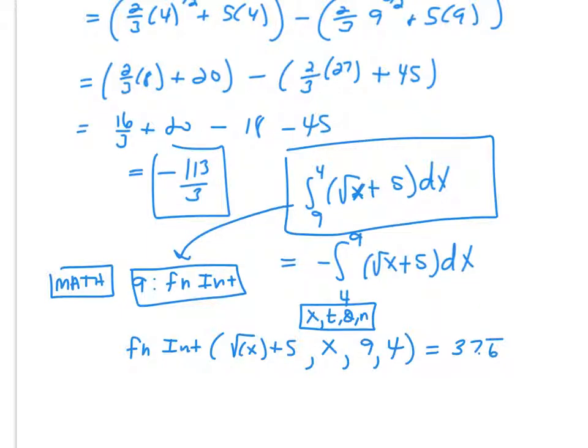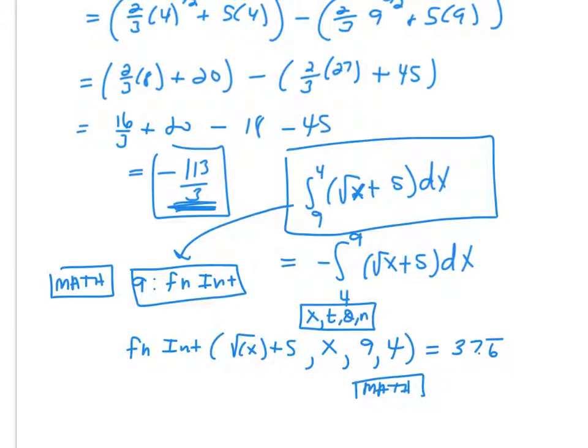If you want to turn it into this fraction that we got, the negative 113 over 3, you press the math key again, and then option number 1. Sorry, I don't have my calculator in front of me.